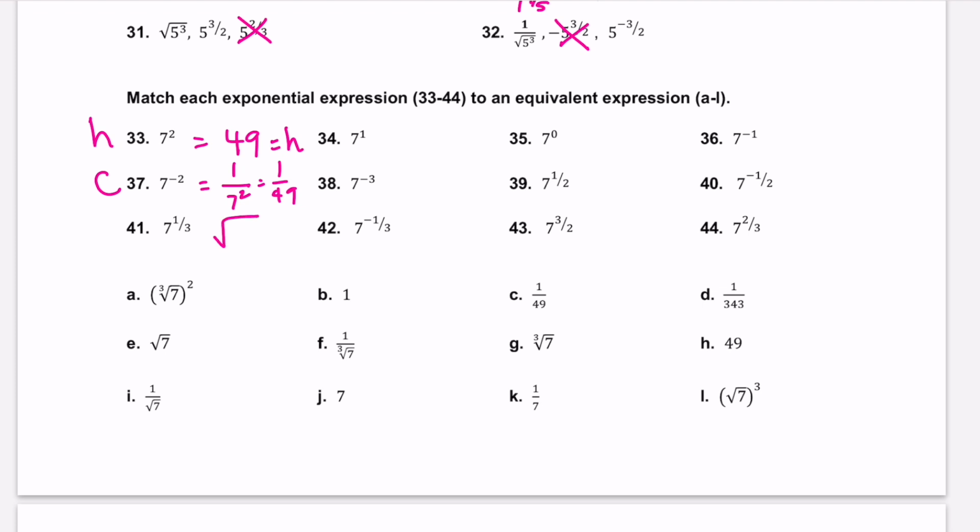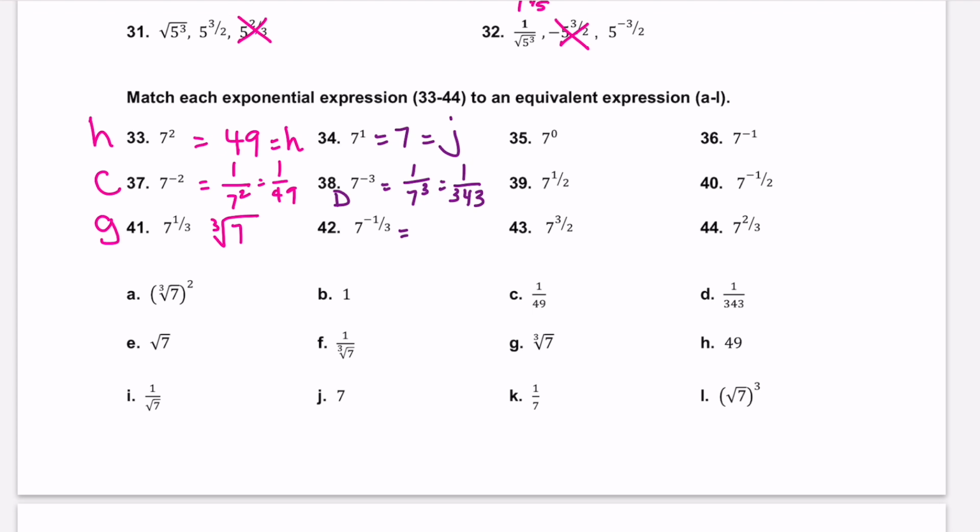That's going to be the cubed root of 7. That will be G. 34, 7 to the 1st is just a 7, which is going to be J. 7 to the negative 3 is going to equal 1 over 7 to the 3rd, which is going to be 7 times 7 is 49, times 7 is 343. This will be D.